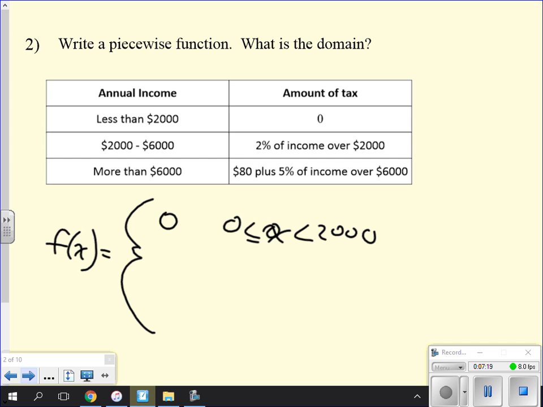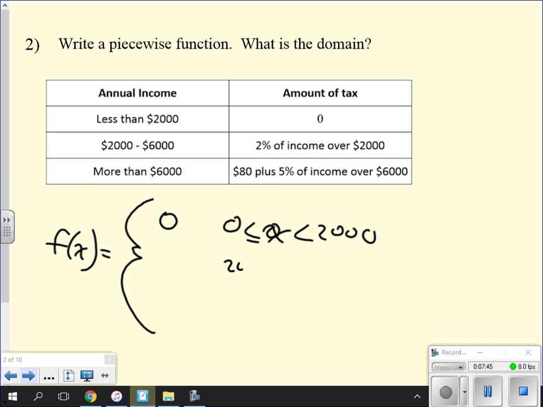Now, my next one. What's my next step in my income for tax purposes? 2,000 to 6,000. Is 2,000 included or not included in the next one? It is included because it wasn't included in the one before.